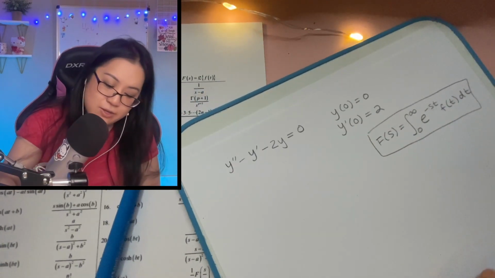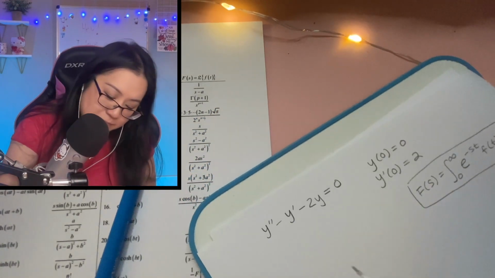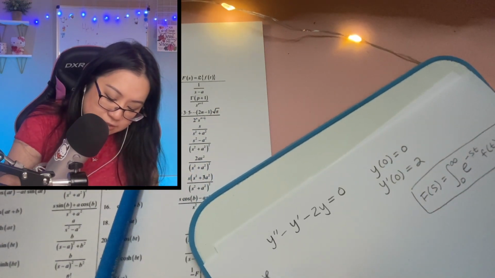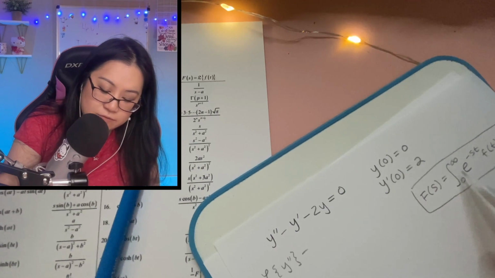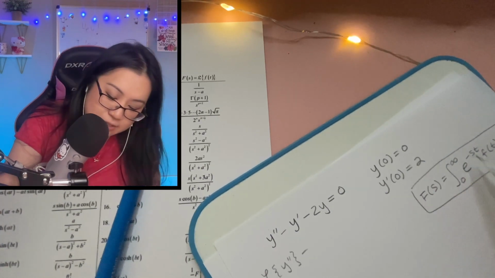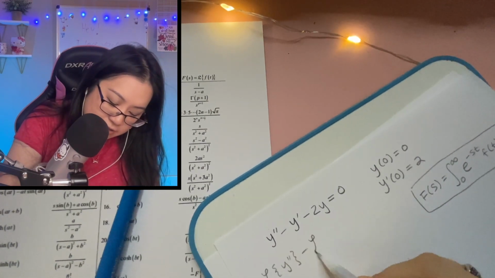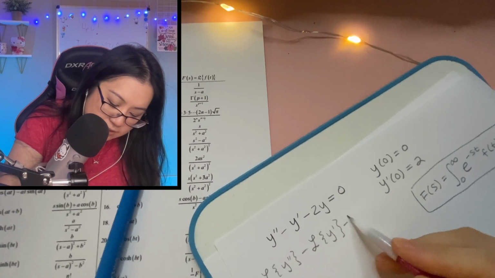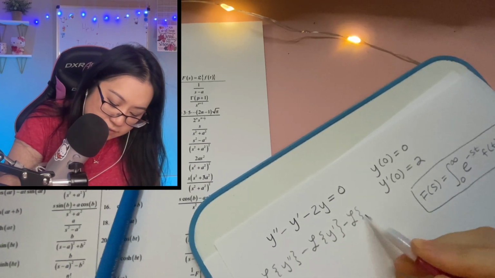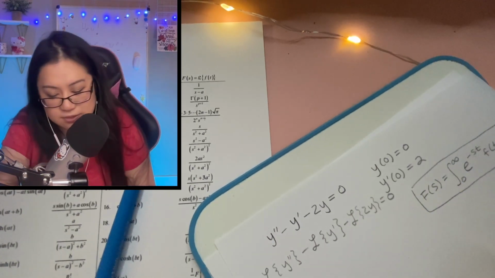Okay, so like we said, we're going to take the Laplace transform and we can take the Laplace of each part, just because this is the Laplace transform and it's an integral, and we can just go ahead and take the Laplace of each part here, minus the Laplace of 2y equals 0, which is the Laplace of 0.